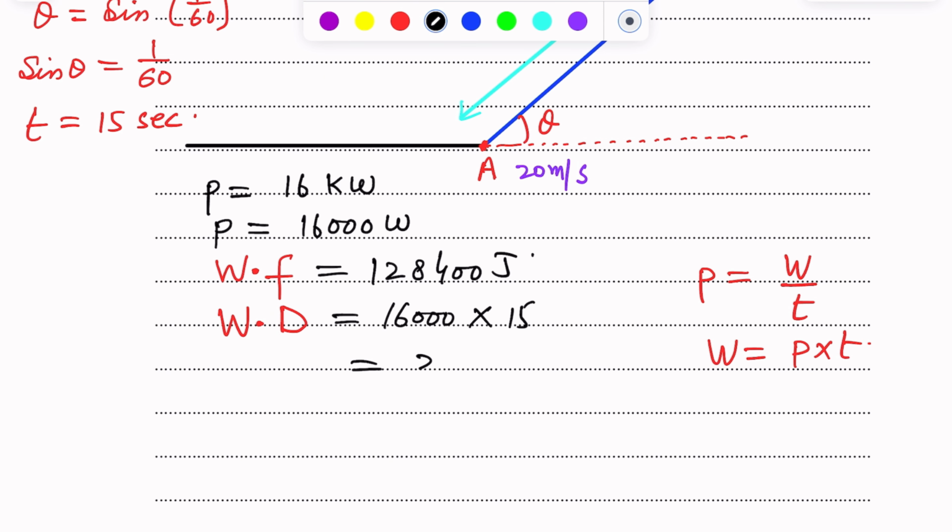We get 24,000,000 as the work done by driving force.